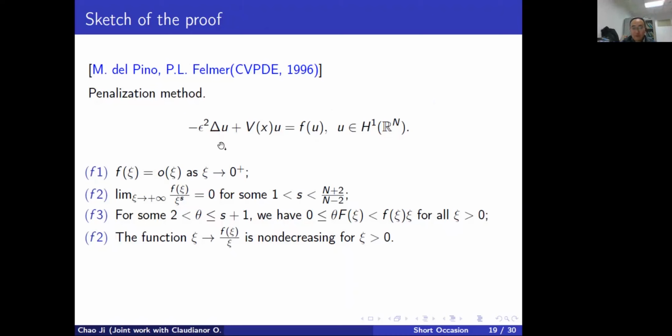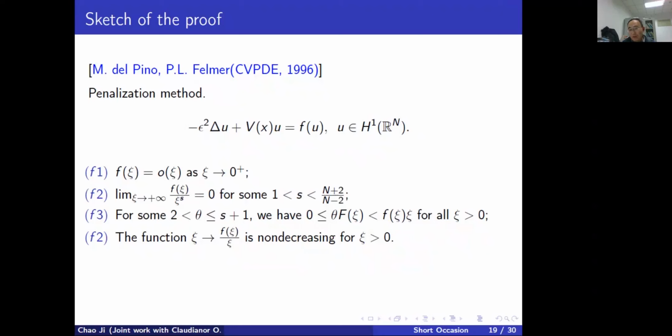In order to study this equation, the biggest difficulty is lack of compactness, because the Sobolev embedding from H1 of Rn into L^q of Rn, q between 2 and 2 star, is not compact.